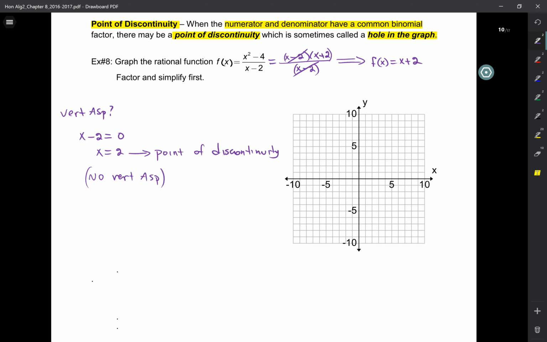So take a look. Once you reduced it, what does the function turn into? A line. Okay, so let's graph that line, x plus 2, right? So you go up to 2, that's the y-intercept, up 1 over 1, and we're going to graph that line.